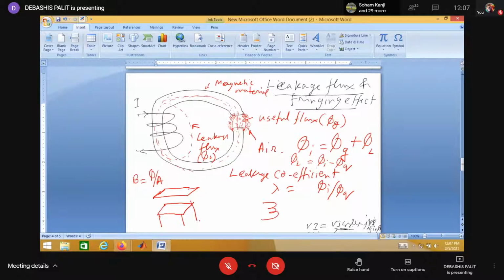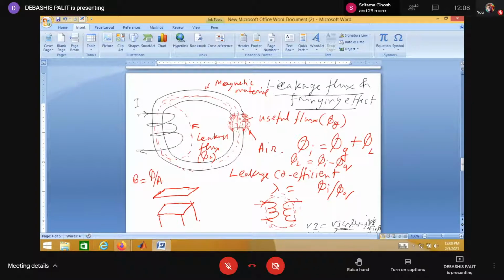One coil is there. Sometimes air core coils are there, no magnetic core at all. So current is flowing here, absolutely an air coil. No magnetic material is there. So flux is created here, and some amount of flux is linked through the air. That is also leakage flux.